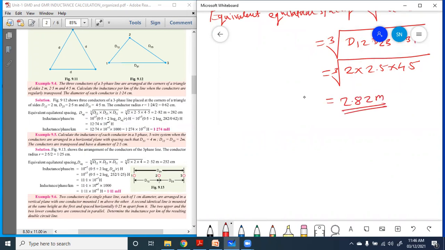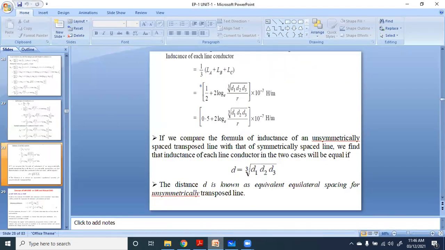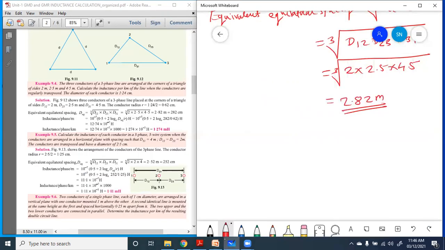Now, what is the formula for the inductance per phase per meter? As per the expression, it is 0.5 + 2 log e (cube root of d1 d2 d3 / r), where the cube root term is called D equivalent, the equivalent spacing.